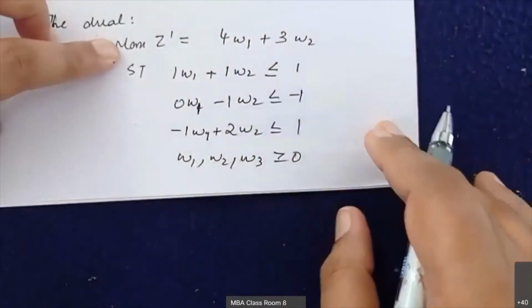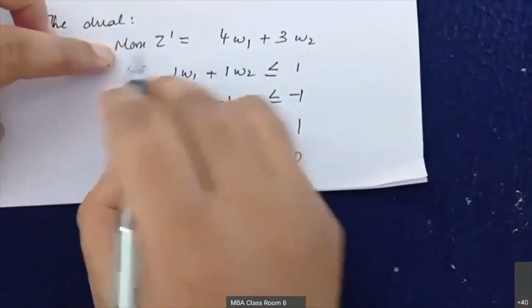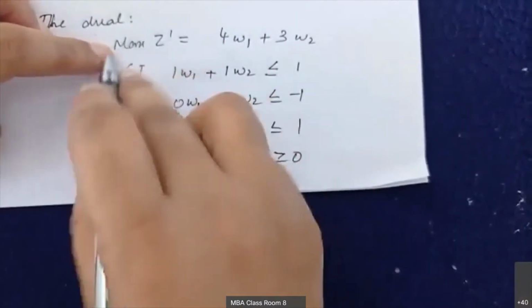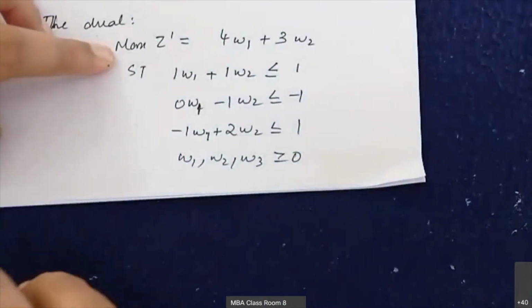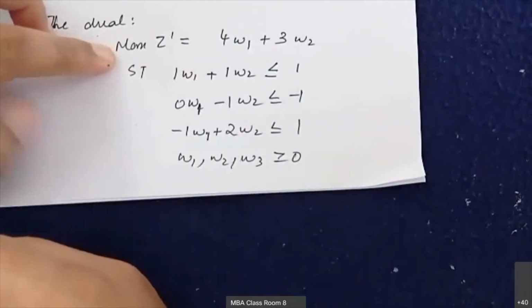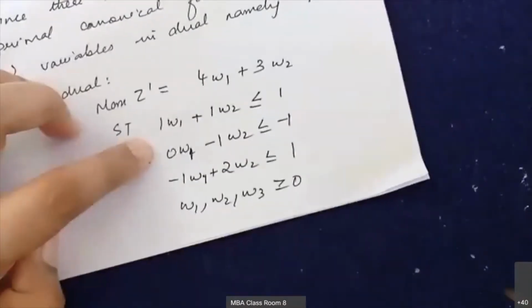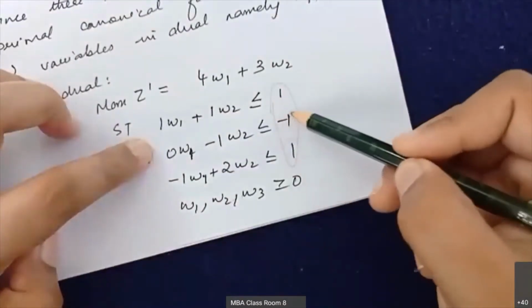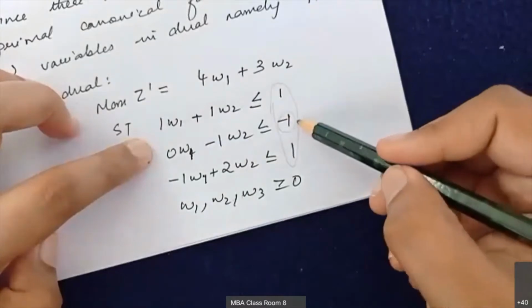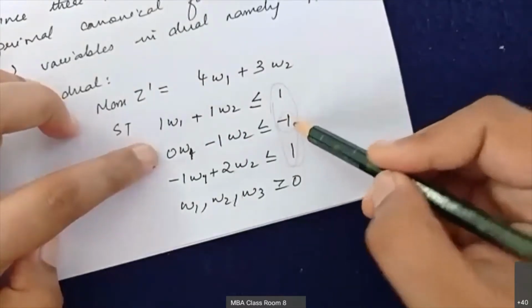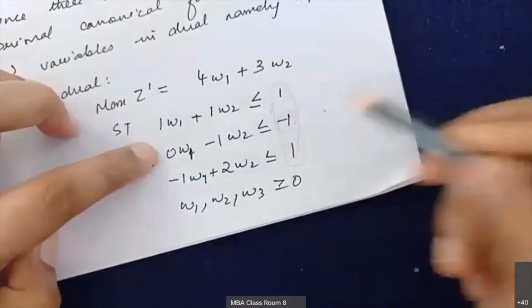Before starting the simplex table, we have to check whether it is a maximization problem. In our case, it is the maximization problem, so you don't have to worry. Okay, second thing you have to check is the right hand side of the constraints. Here we have a negative value, right? Negative value is there for the second constraint. So we have to convert this into the positive value.